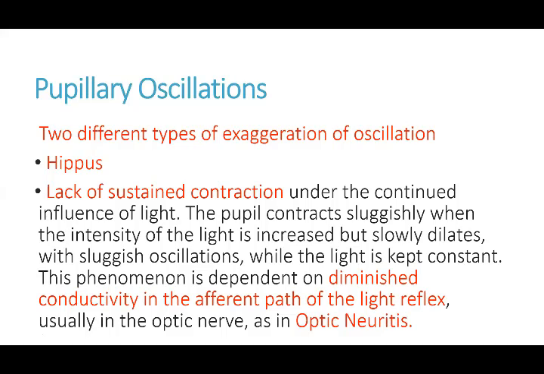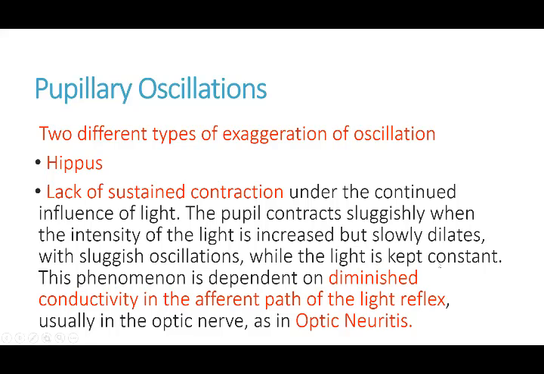You flash light into a patient's pupil, the pupil constricts, and then it dilates again. So under continued influence of light, the pupil contracts sluggishly, but the intensity of light is increased, but slowly dilates with sluggish oscillation. That means it is dilating, constricting, dilating, constricting, okay? While the light is being kept constant.